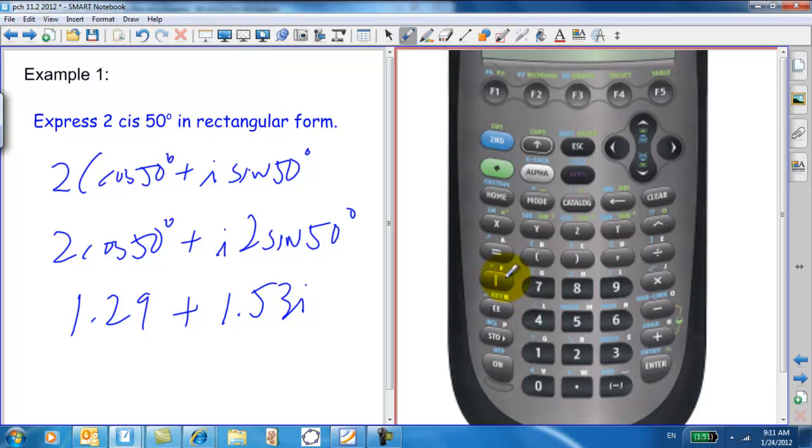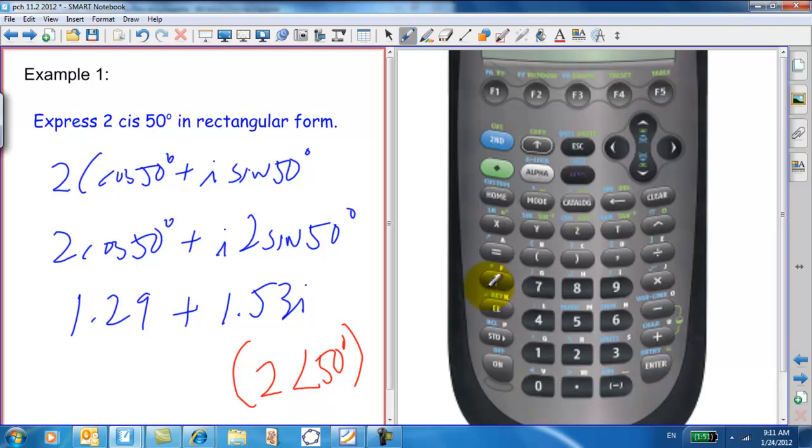You can actually write 2 cis 50 as 2 at an angle of 50 degrees and put parentheses around it. Where do you get the angle marker? Right there. And while we're at it, there's your degree symbol right above it. So 2 angle 50 degrees. Now the other thing, you might want to check your mode.